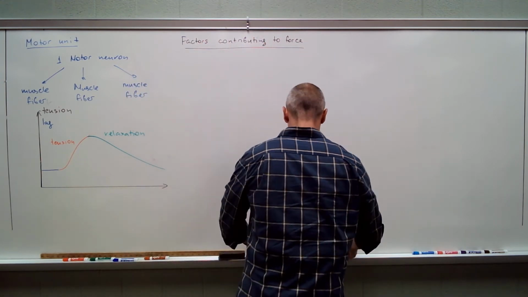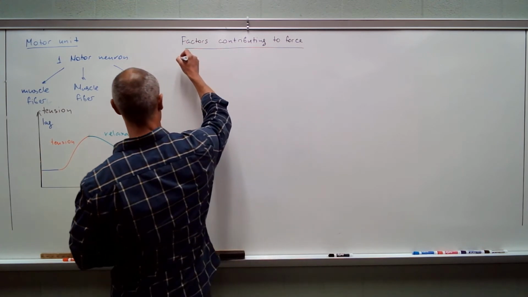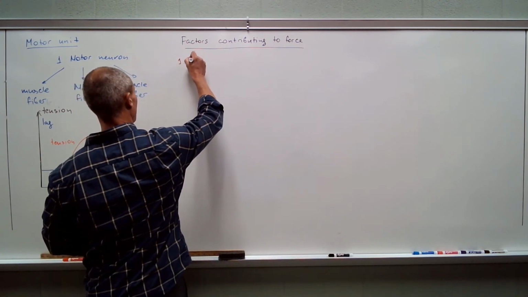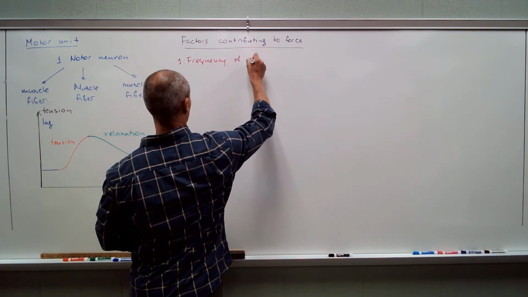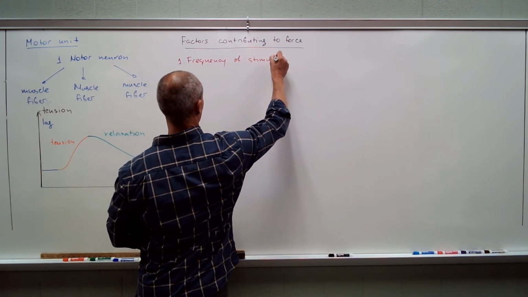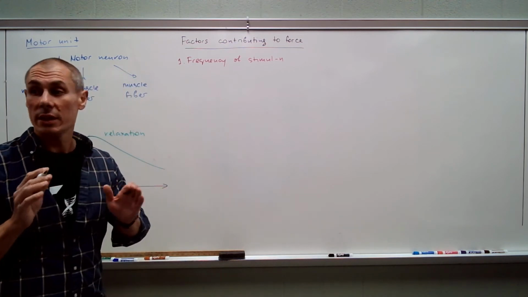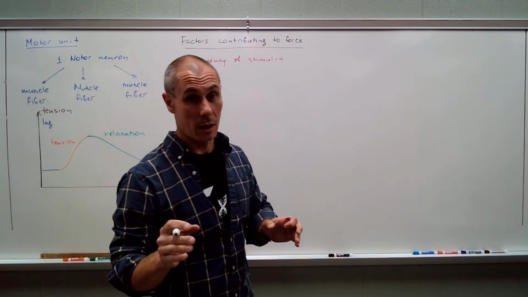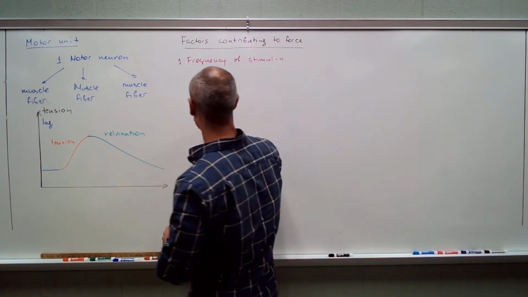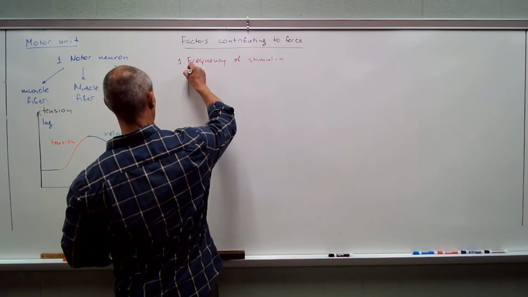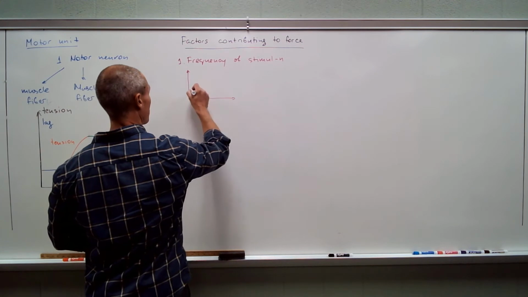So the first factor is the frequency of stimulation. Okay, this is really simple. This is your old pal, temporal summation. Okay? I'm going to make a couple of really small graphs.